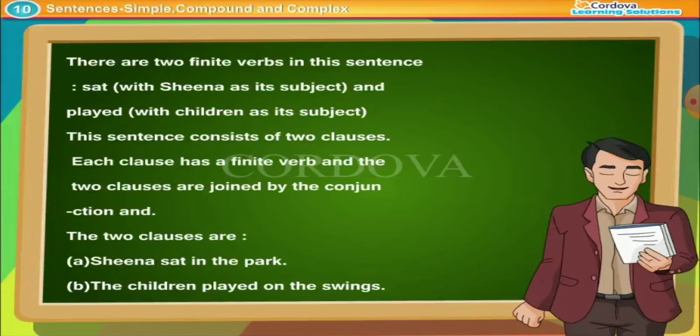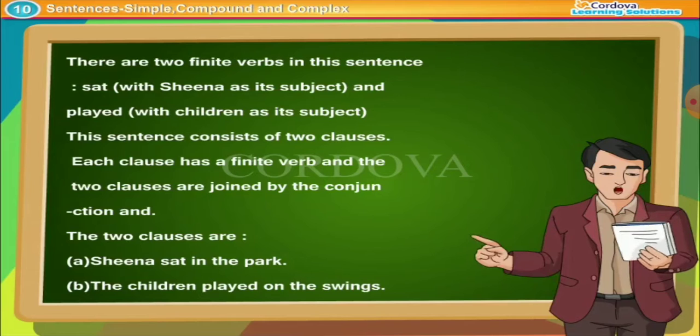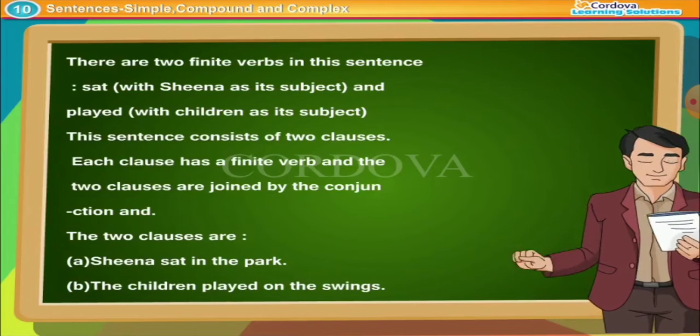There are two finite verbs in this sentence: sat, with Sheena as its subject, and played, with children as its subject. This sentence consists of two clauses. Each clause has a finite verb, and the two clauses are joined by the conjunction and. The two clauses are: Sheena sat in the park. The children played on the swings.